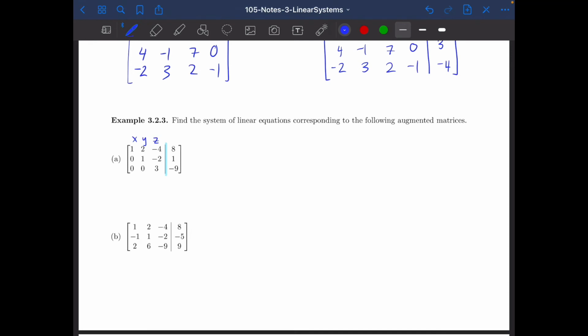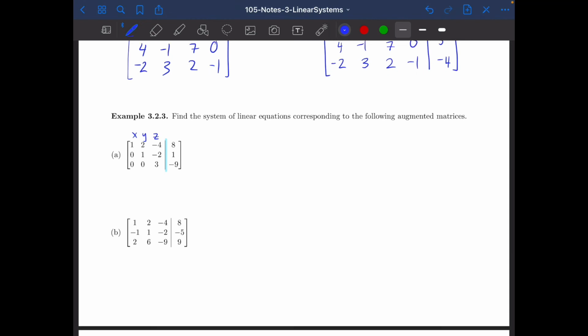The first row of this augmented matrix gives us the coefficients of the variables and the constant term of the first equation. So the first equation will be 1 times x. So x plus 2 times y minus 4 times z equals 8, the constant term.